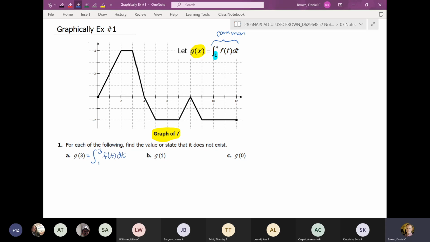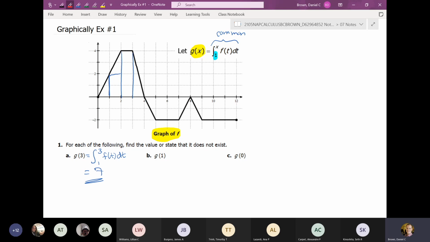And we can find that using just regular geometry and area formulas. Again, we are starting at 1, and we are going to 3. We might divide it up into different shapes to find its area. What would its area be? We have 2 plus 4 plus a 1. So it would have an area of 7.